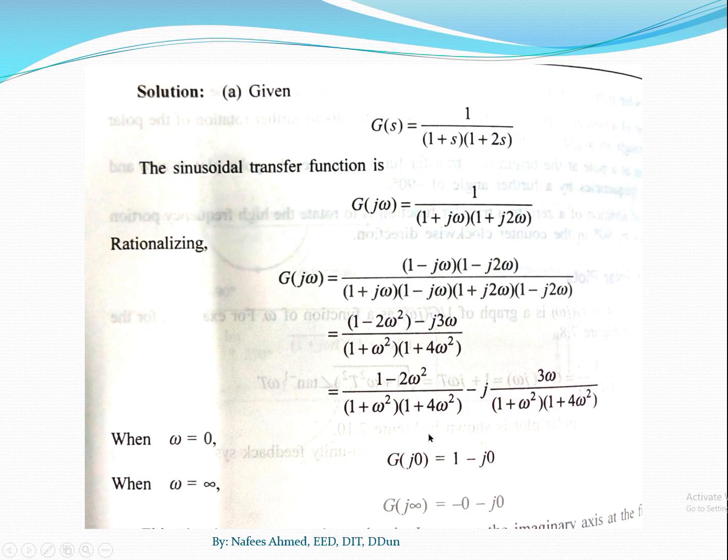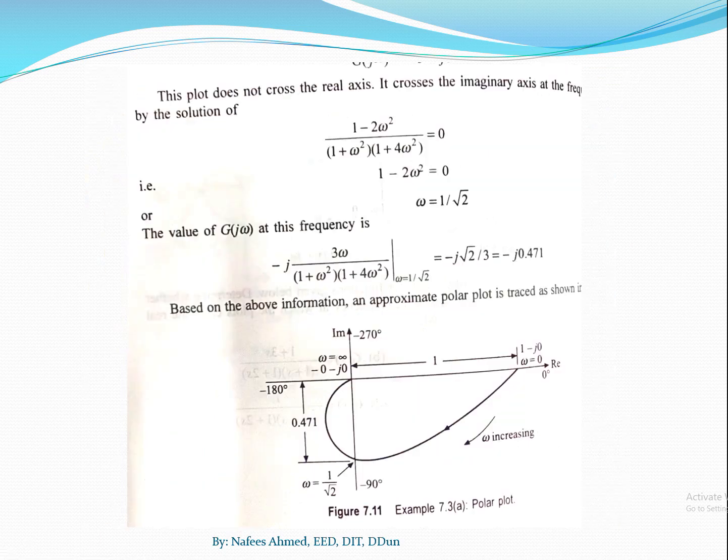So what is the answer? It will be 1 minus j 0, and again 1 plus 0, 1 plus 0. For infinity you will have minus 0, minus 0. So this will give me the intersection with your imaginary axis.